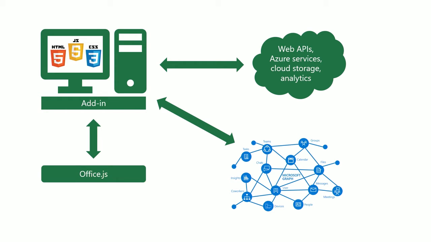And with the Office JavaScript libraries, it can interact with not only Excel, but Outlook, Word, and PowerPoint. So that's a brief intro of what an Office add-in is. So I wanted to dive into our first demo.